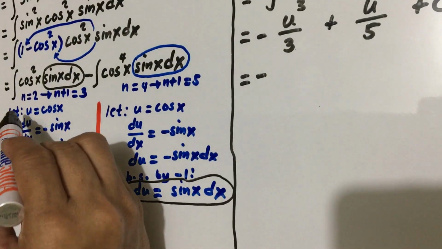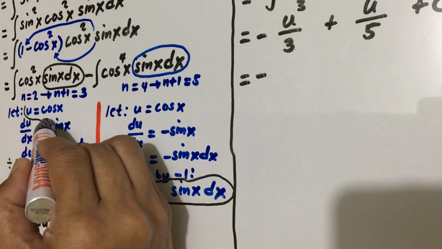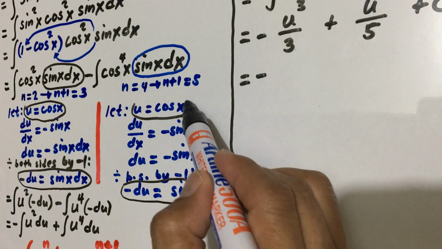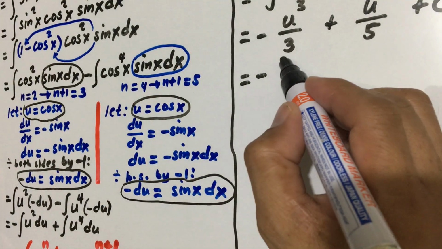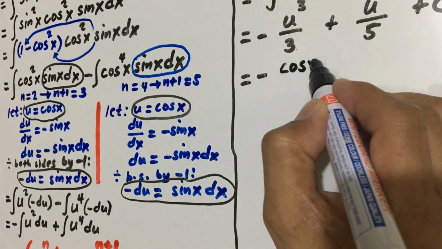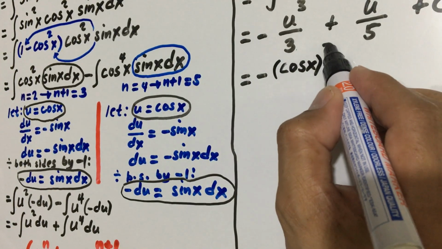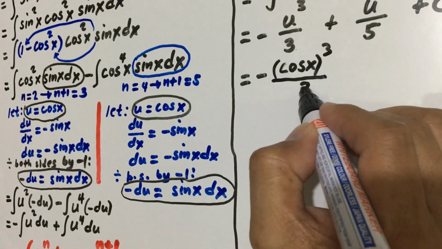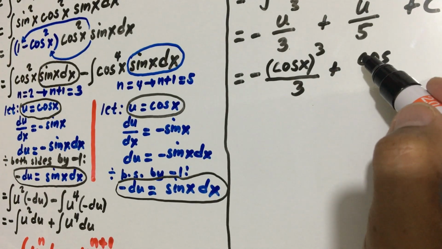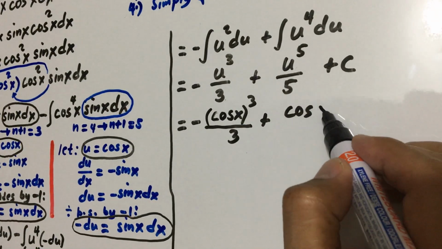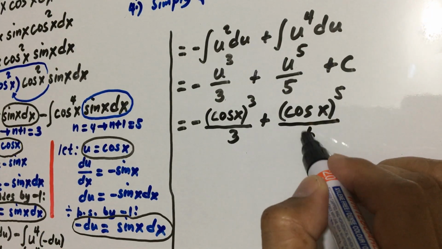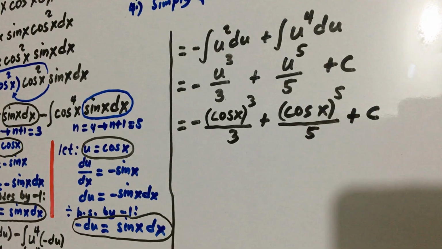So we have minus cosine x raised to the power 3 divided by 3, then plus cosine x raised to the power 5, divided by 5 plus c.